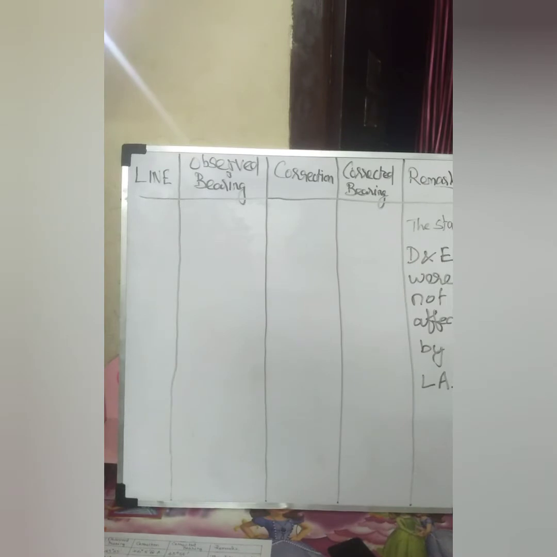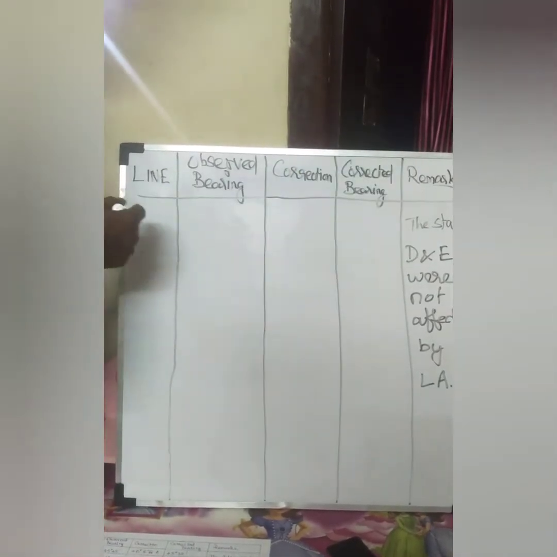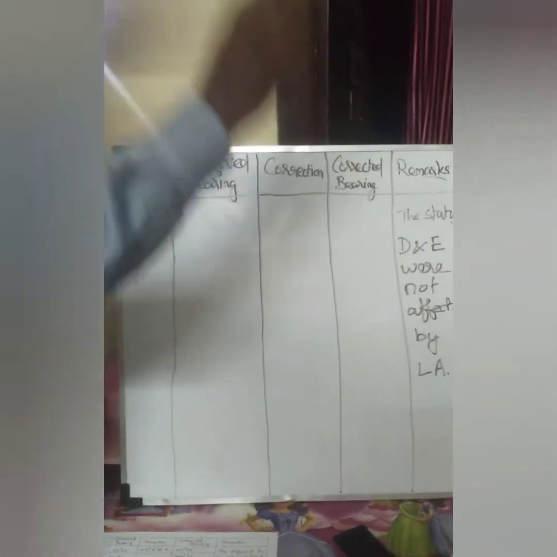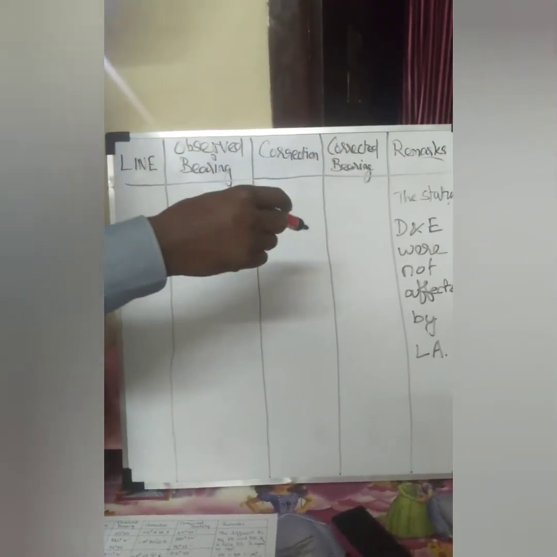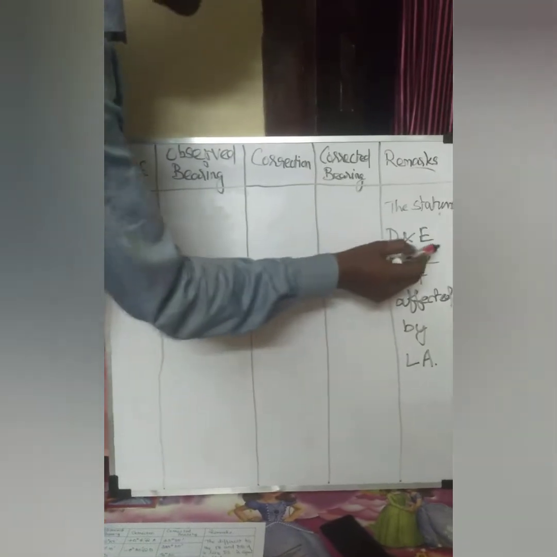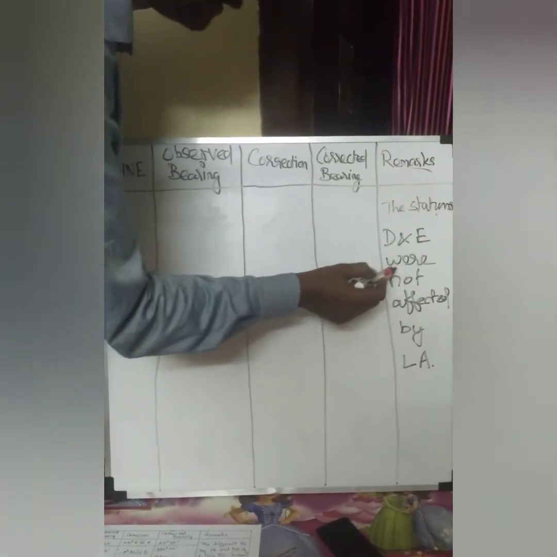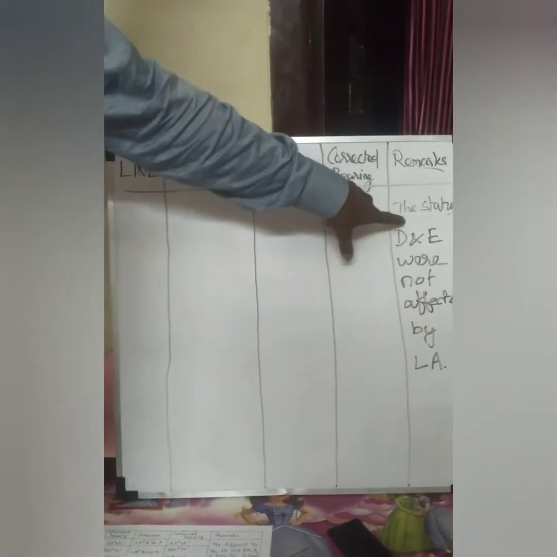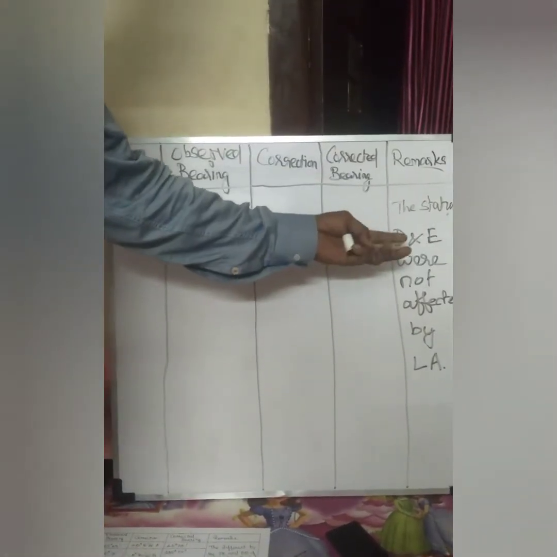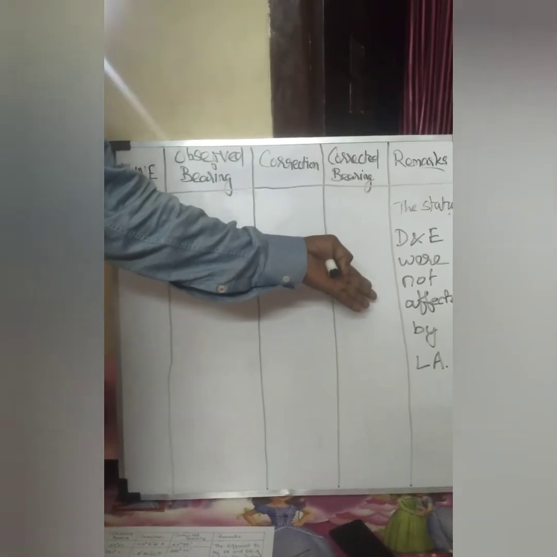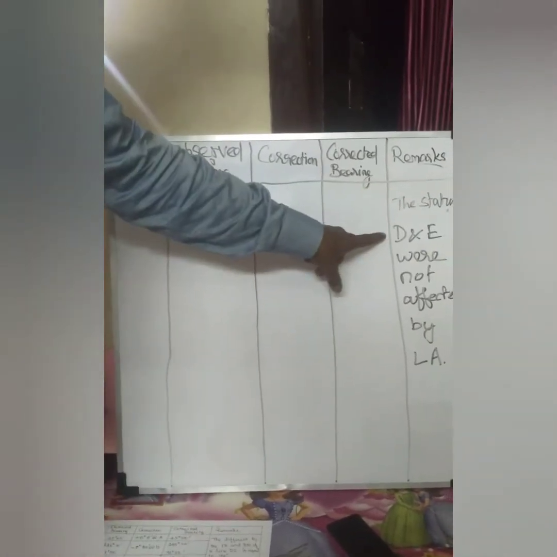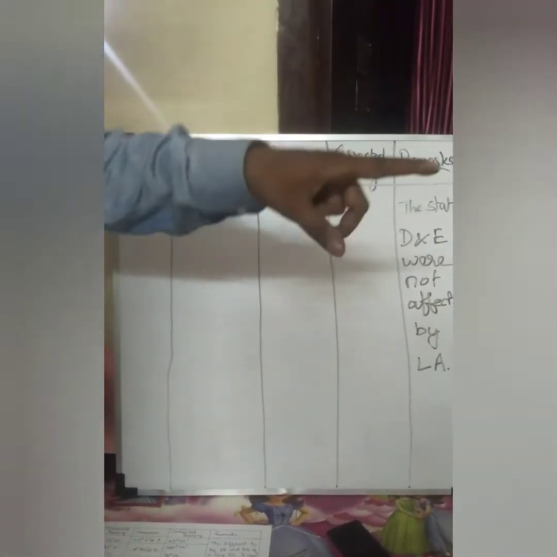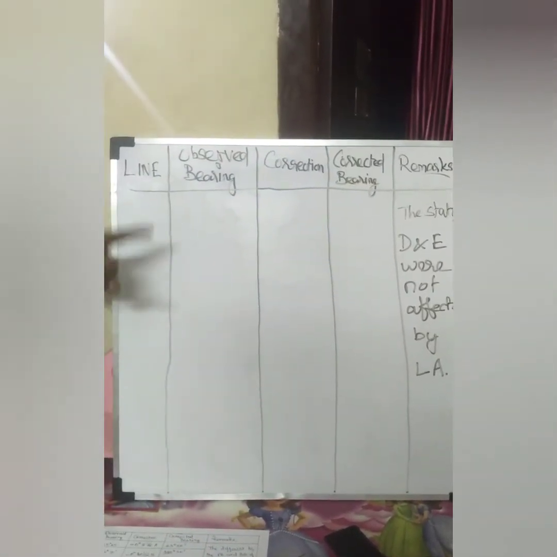Draw it here. First we can fill the table with the given observations. From the given observation, we can conclude the stations D and E were not affected by local attraction. How can we tell this? For this line DE, the difference between the forebearing and back bearing is 180 degree.